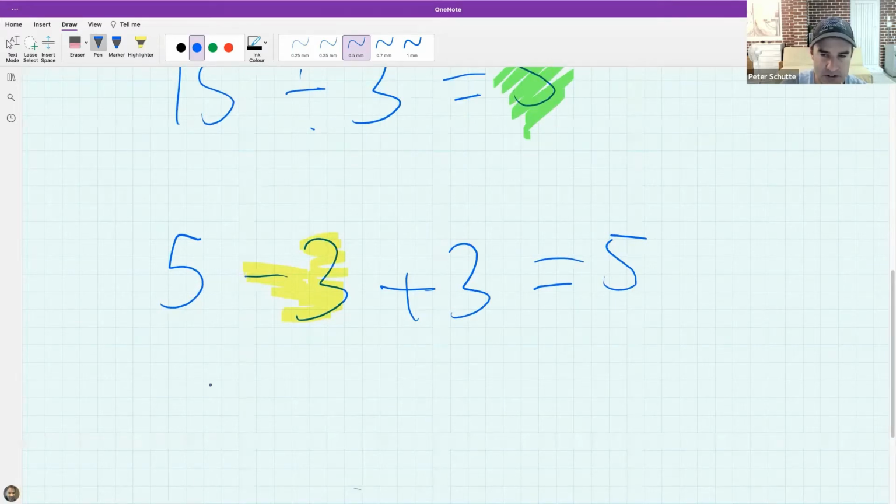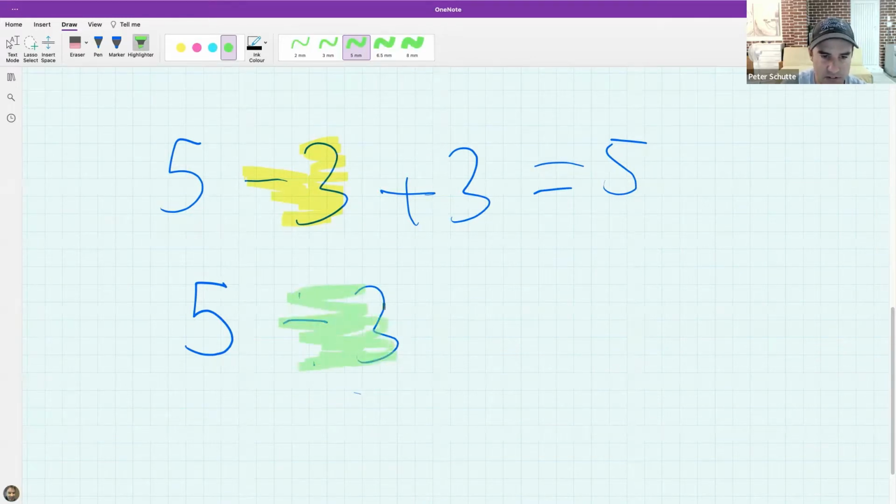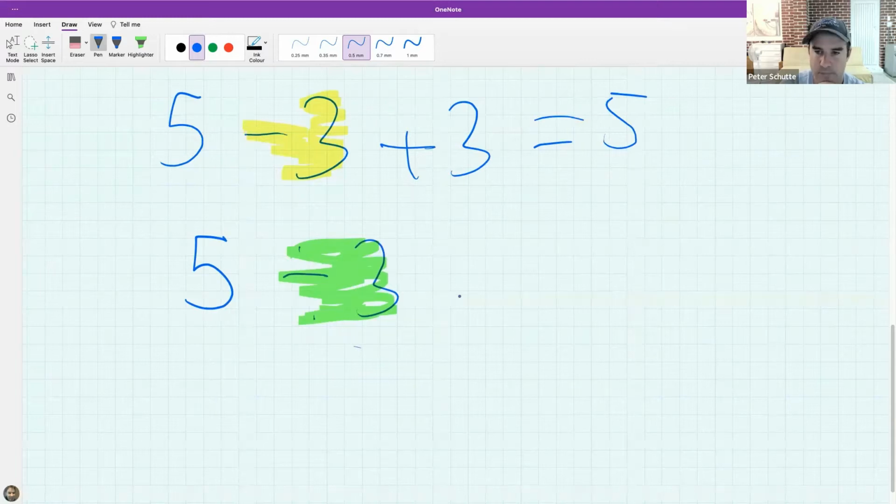Okay, let's do it in one line again. What about 5 divided by 3? What is going to be the opposite process of dividing by 3? Okay, it's going to be times by 3.